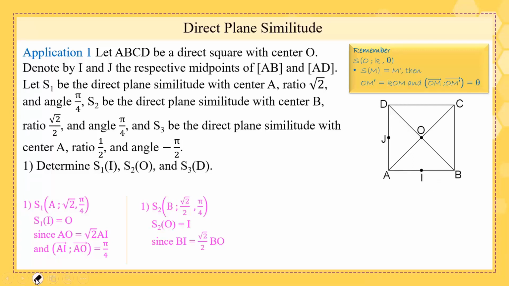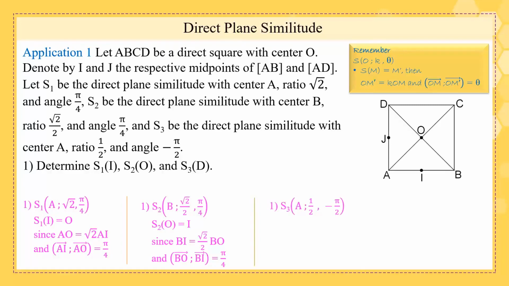This is because, as we know, again in the right isosceles triangle, the hypotenuse BO will be equal to radical 2 BI, so BI equals 1 over radical 2 BO. If you rationalize this fraction 1 over radical 2, it will be radical 2 over 2 BO. Now, the angle between BO and BI is equal to pi over 4, and you can prove it easily.